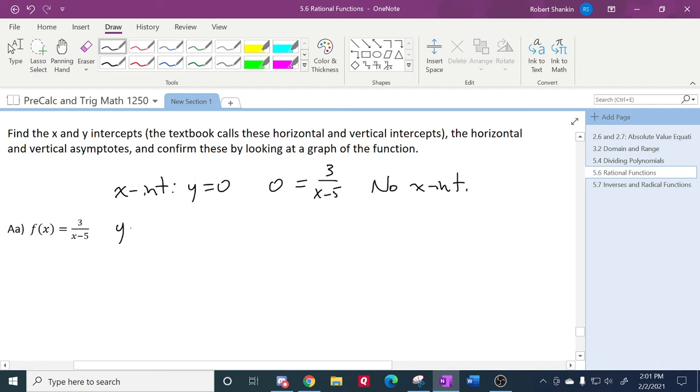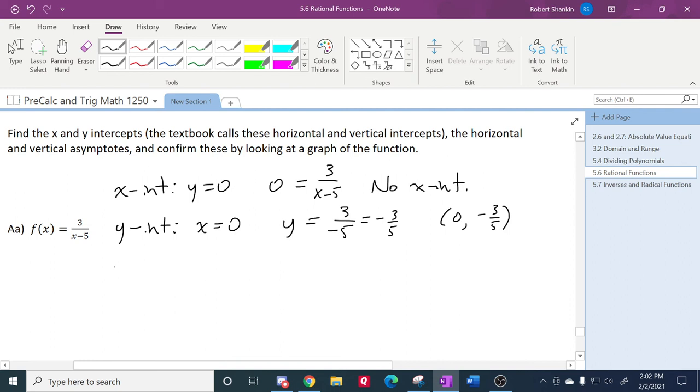For the y-intercept, I set the opposite letter, x, equal to 0. And I'm going to get y equals 3 over negative 5, or negative 3/5. So when the x is 0, the y is negative 3/5.